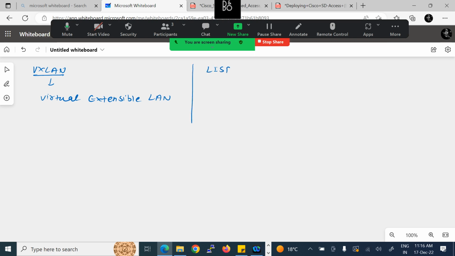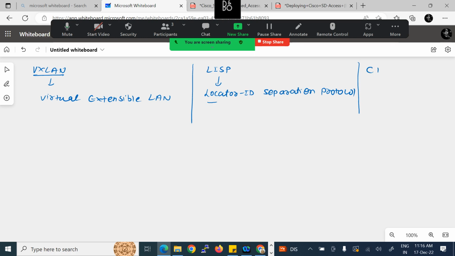We will also talk about LISP, Locator ID Separation Protocol. All right, and we will also talk about CTS, which stands for Cisco TrustSec. All right, Nitesh.